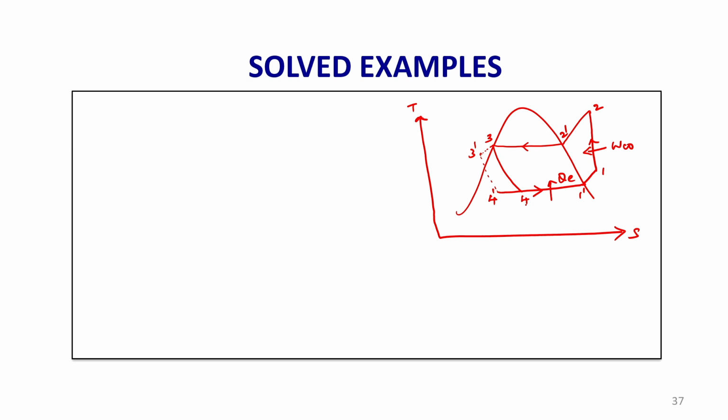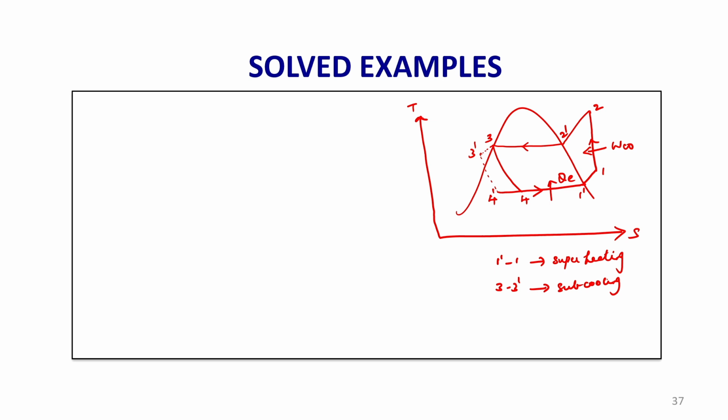The dashed line represents the subcooling process. So, 1 dash to 1 is superheating, and 3 to 3 dash is subcooling. Let us write the given data and plot the temperatures so that you will understand.